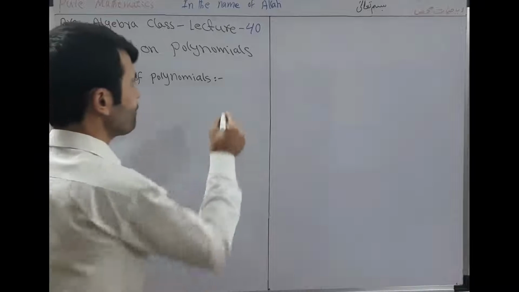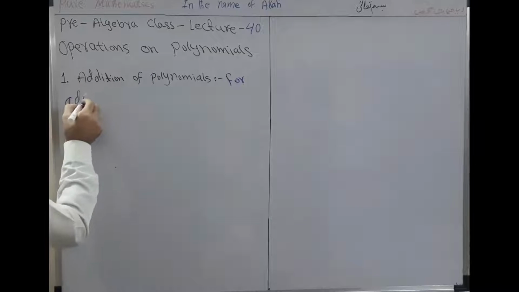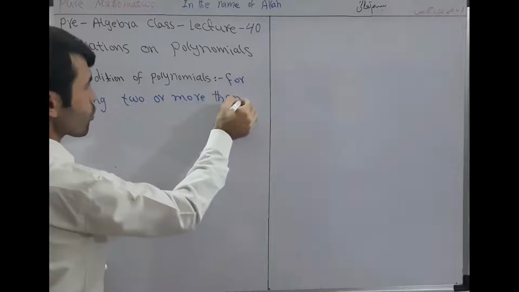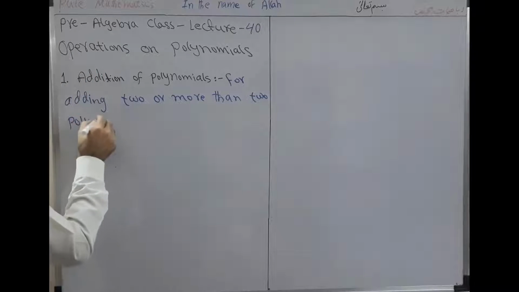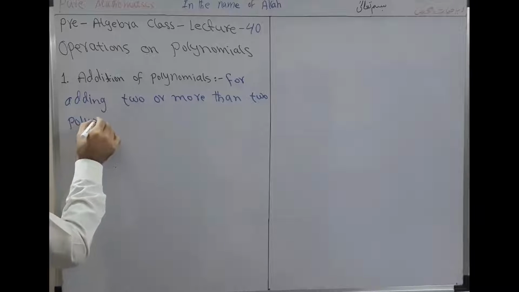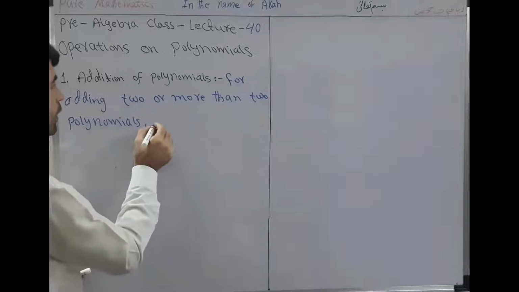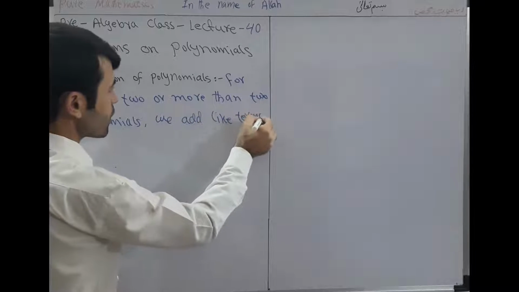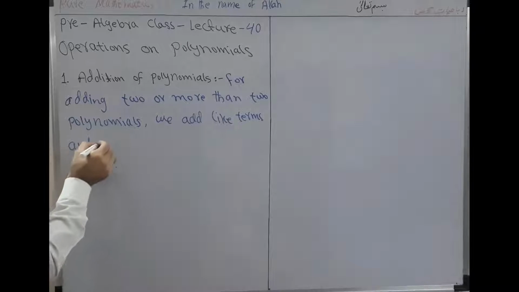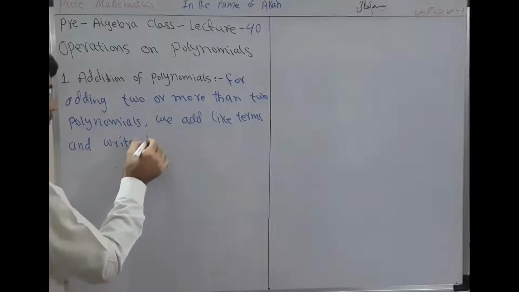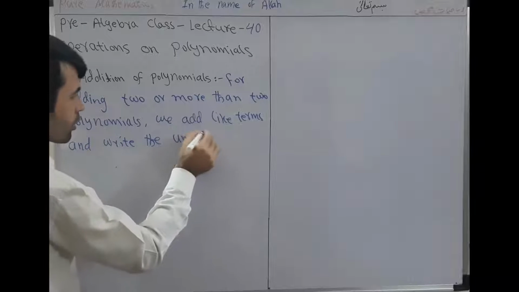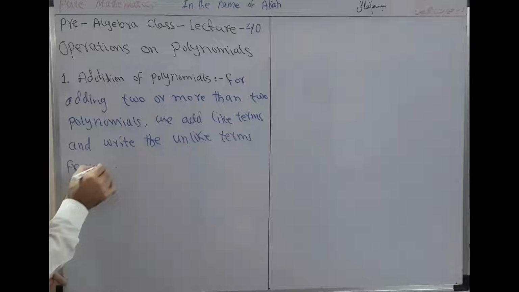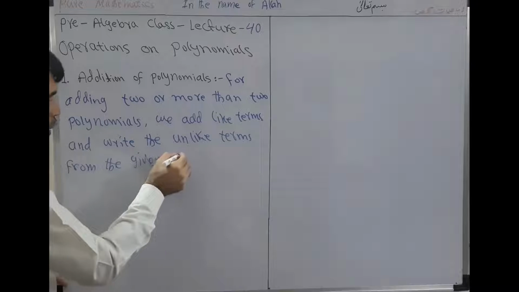Here, for adding two or more than two polynomials, we add like terms and write the unlike terms from the given polynomials.